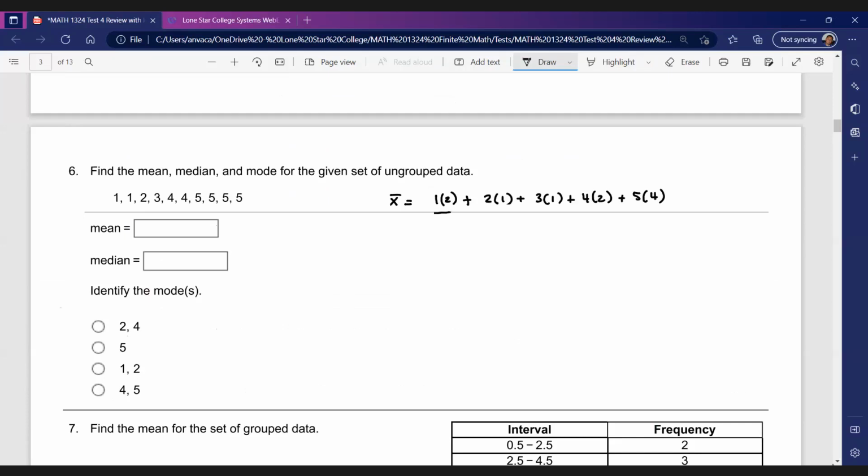So we find that sum, and then we divide by the number of data items. There is 1, 2, 3, 4, 5, 6, 7, 8, 9, 10. All right, so the mean will be equal to 3.5.